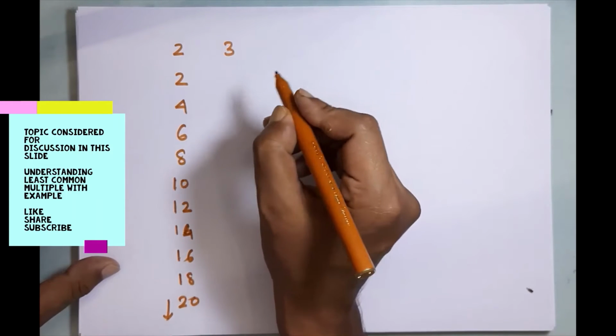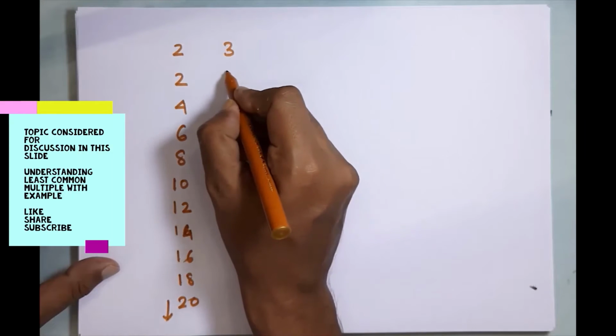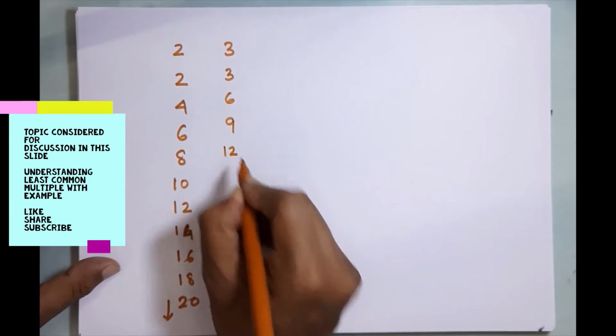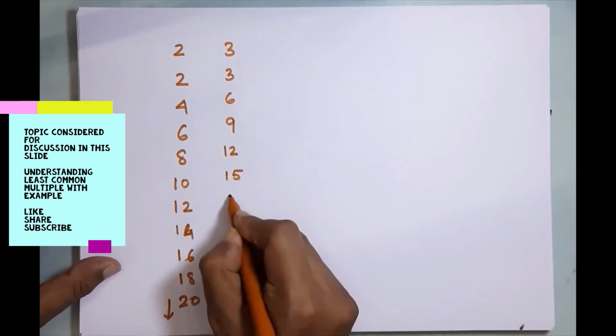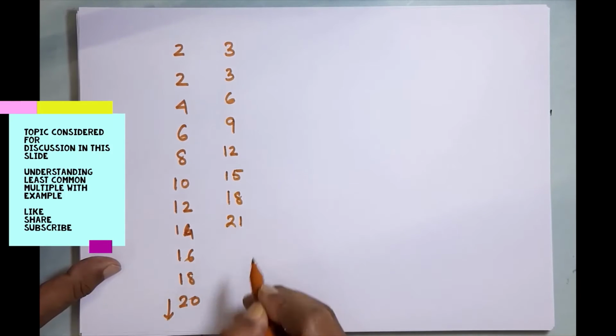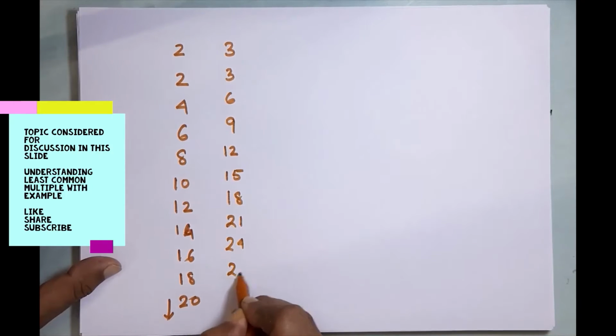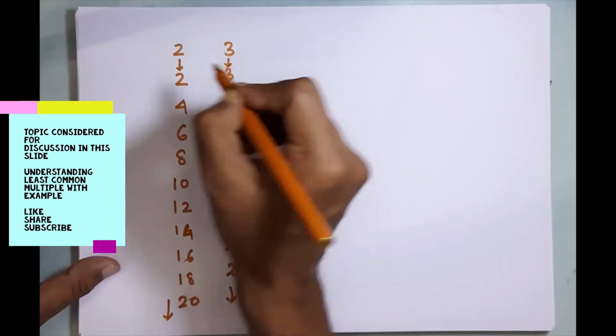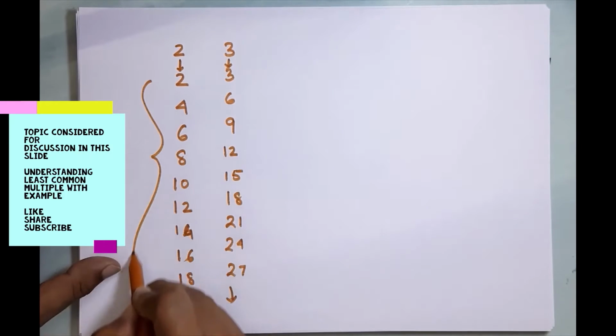Now we'll be writing the multiples of 3, and it will be 3, 6, 9, 12, 15, 18, 21, 24, 27, and it will continue also. So here are the multiples of 2 and here are the multiples of 3.